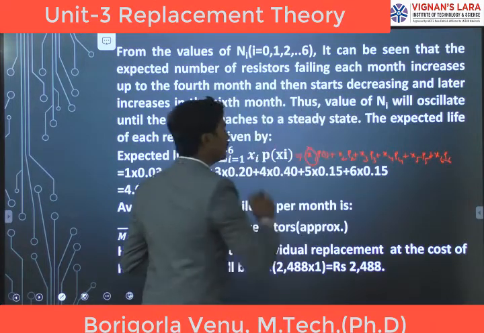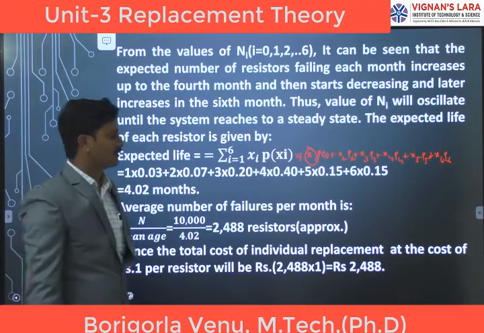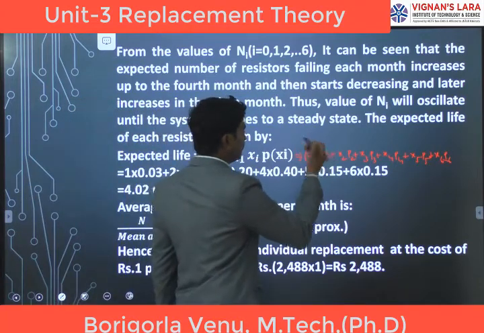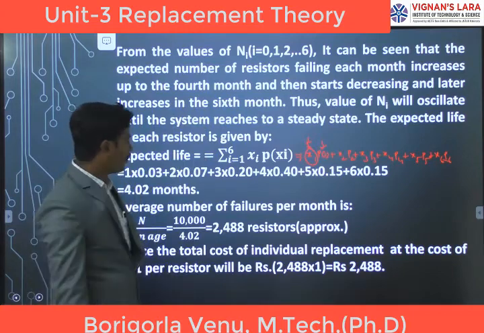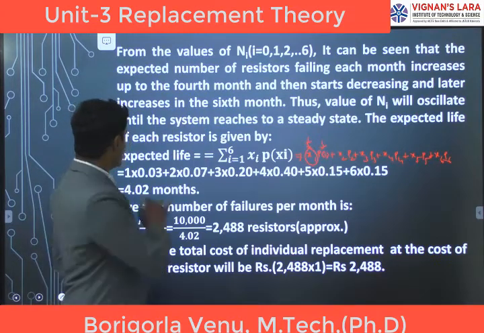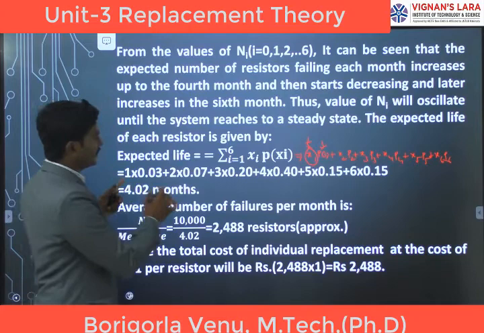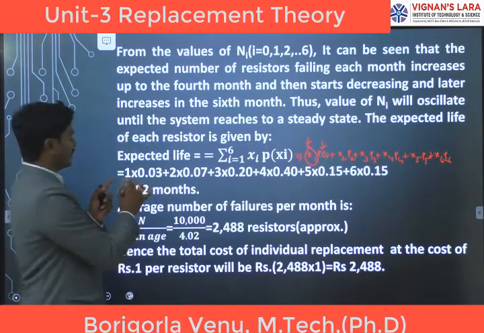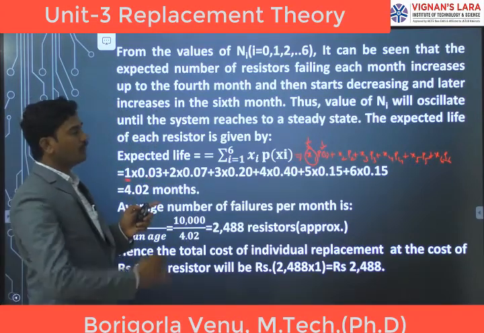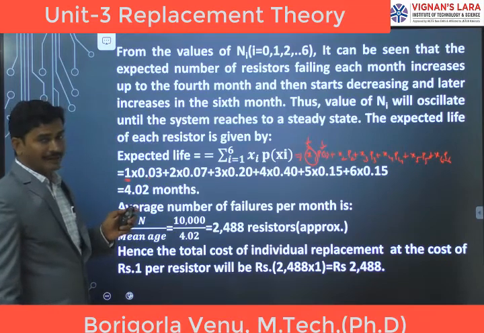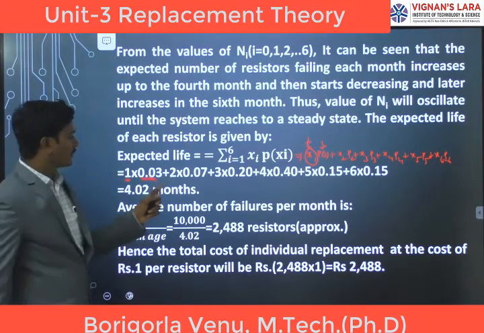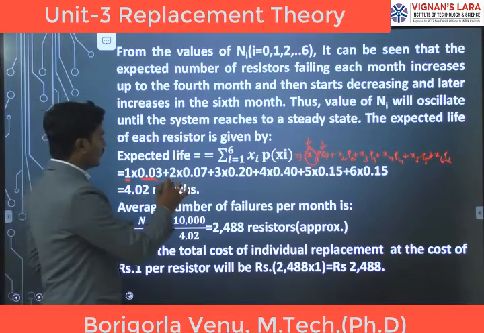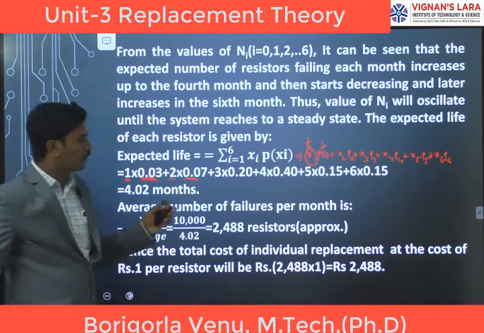Here what is the x value? The month duration, that is also called t. And what is the p value? P1 means the probability. Here we have 6 months. So for the first month I take x1 as 1, and p1. What is the probability of p1? In our table, p1 is 0.03. Next, coming to the second month, 0.07 is the probability factor.